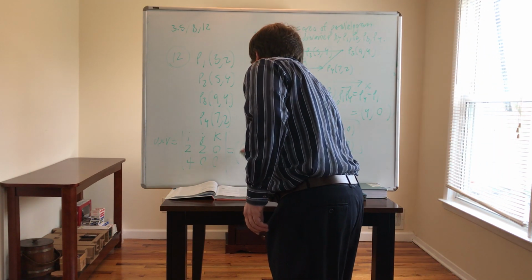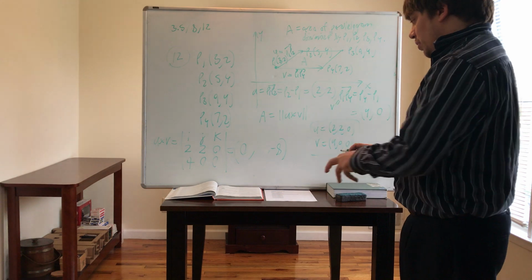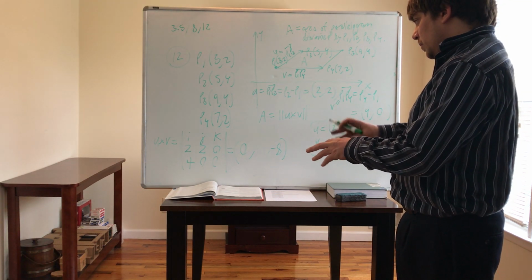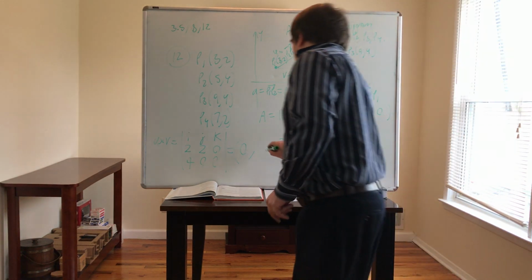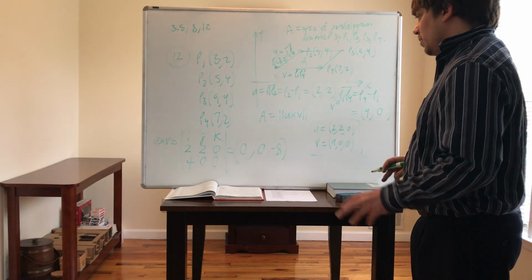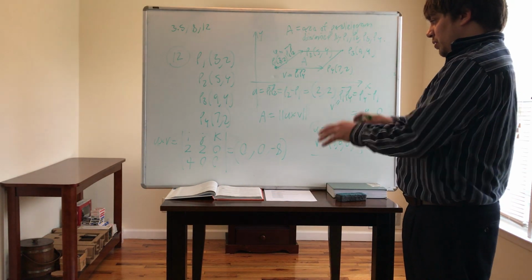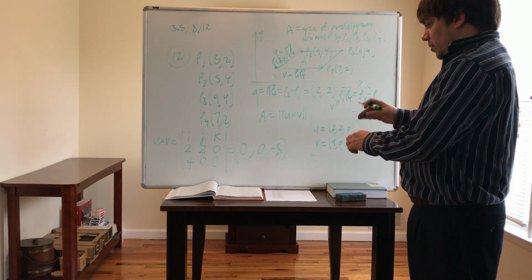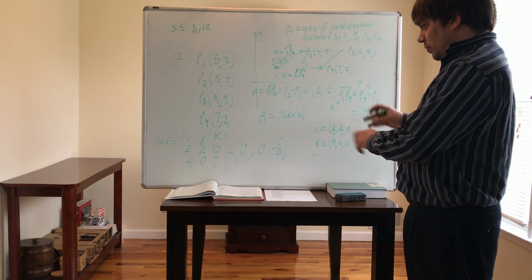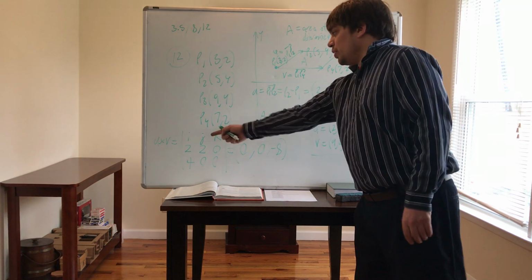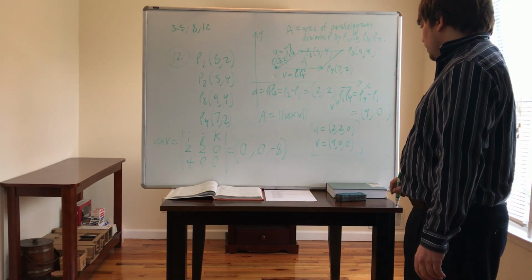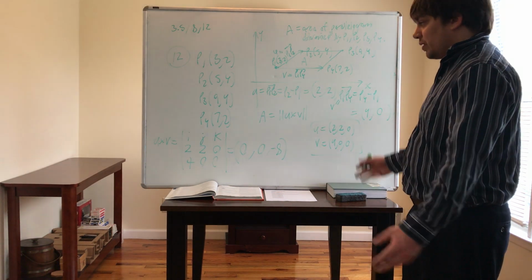This is 0. Fix this. 0, 0, negative 8. That's what it is. Okay? So U cross V is 0, 0, negative 8, and as a vector in 3 space.